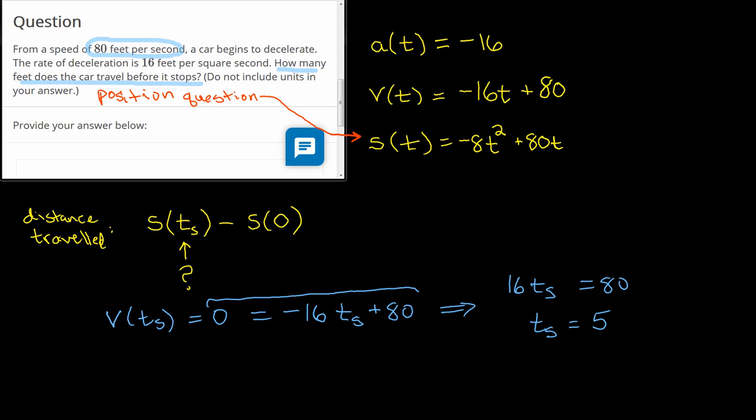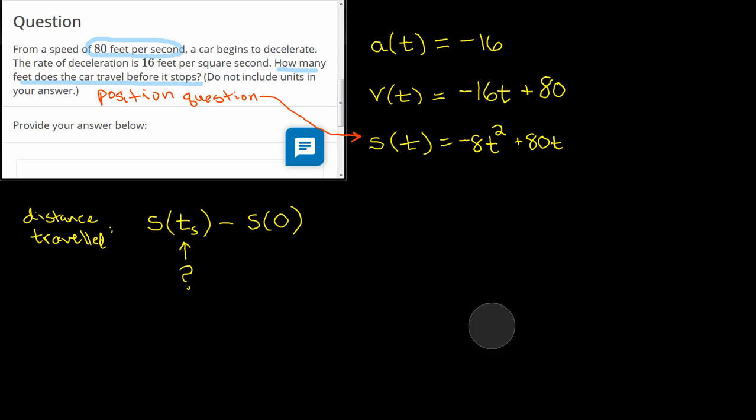Okay, so now we can finish this problem. We can say that the distance traveled by the car is going to be s of 5, because that's how many seconds the car is driving through the Jell-O, minus s of 0.